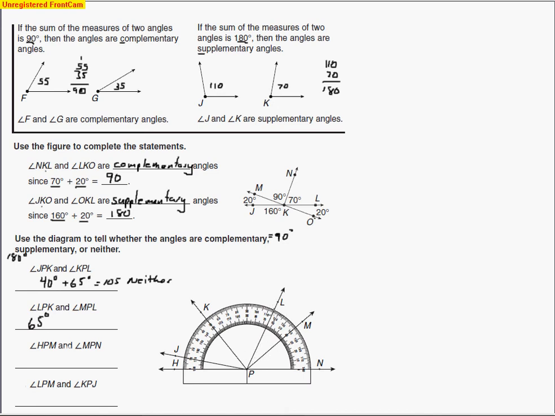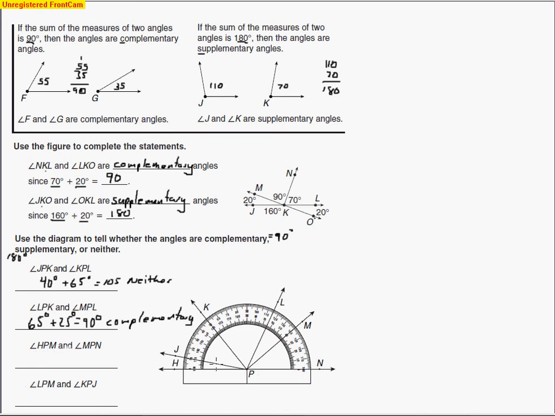It goes from 115 to 140, so you can subtract the two numbers or just count. So we end up with 25. Those two numbers do add to make 90 degrees, and so what we have here are complementary angles.